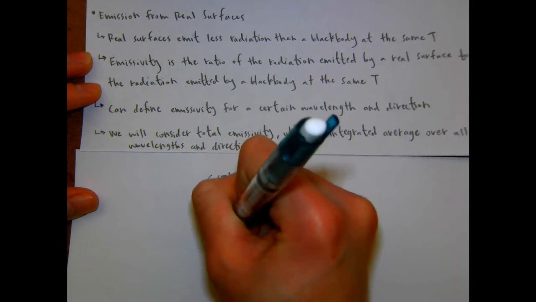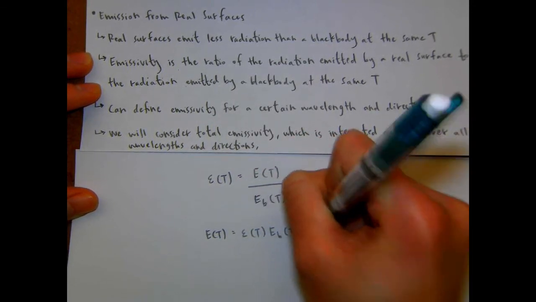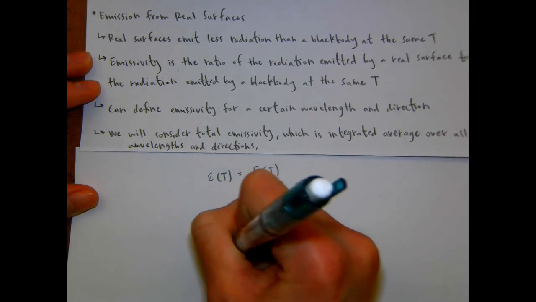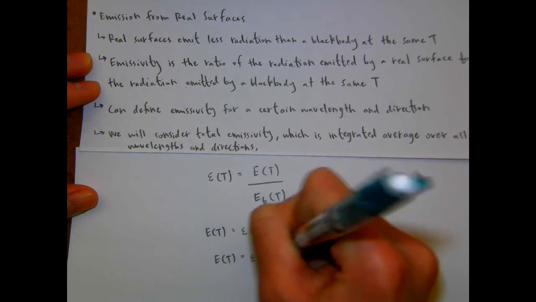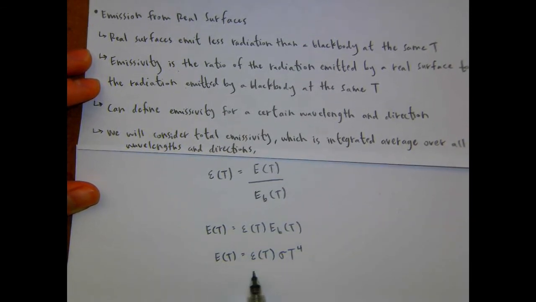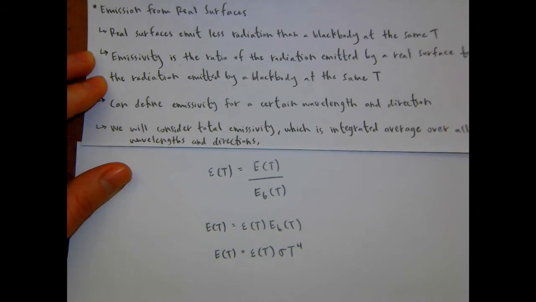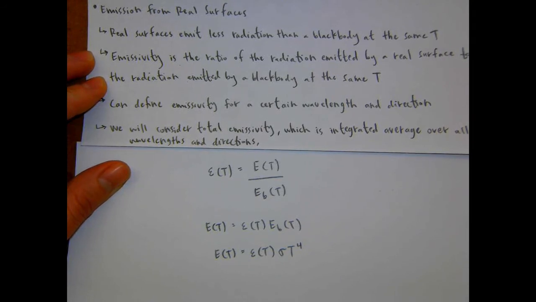So if we rearrange to solve for the total emissive power of a real surface, and bring in the Stefan-Boltzmann law, we get back to this expression for the total emissive power of a real surface as a function of the emissivity times sigma times T to the fourth, which we introduced back when we first introduced radiation, but now you hopefully have a little better idea of where this equation comes from and the derivation of it. Okay, any questions on that?